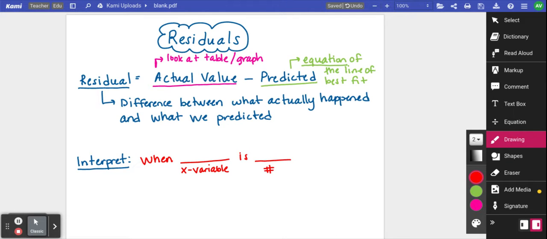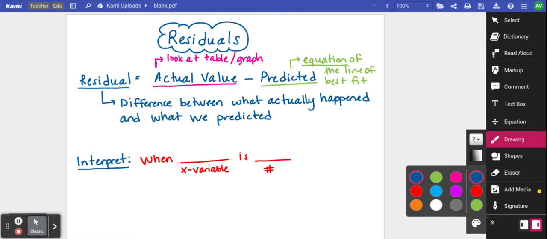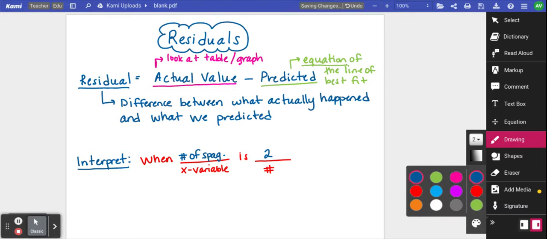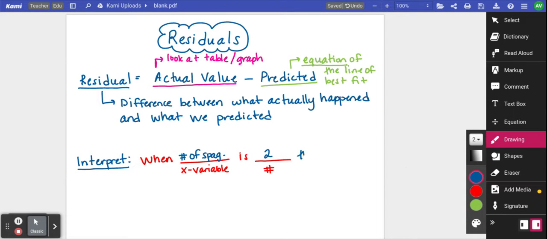So for example, if you're finding the residual for what happened when we were using 2 pieces of spaghetti, like we did the other day in class, you would say when the number of spaghetti pieces is 2, and then you're going to say the actual value of whatever the y variable was.